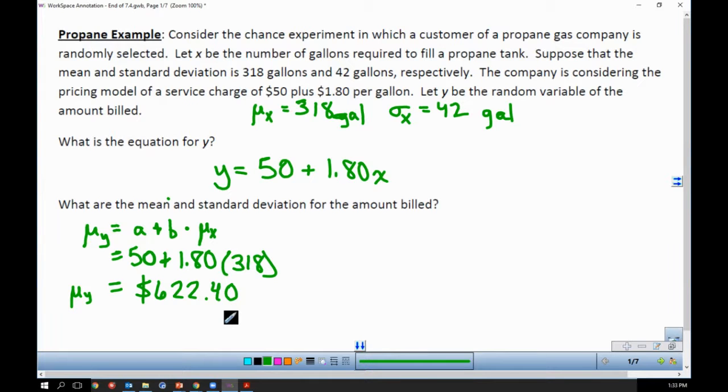Now, standard deviation. Remember, that's the absolute value of b times the standard deviation of x. So the absolute value of 1.8, which really doesn't change anything because it's already positive, times 42.